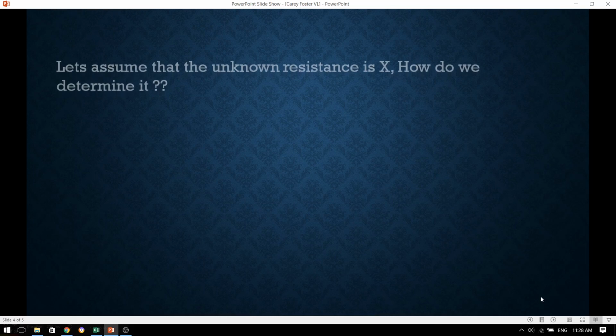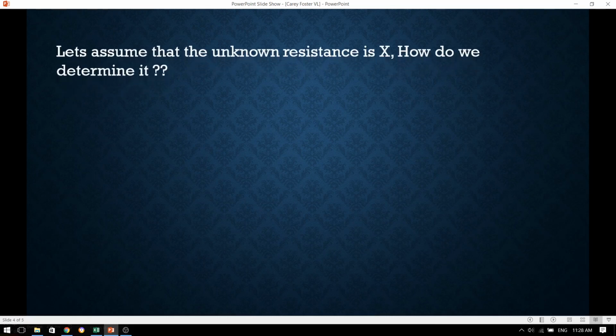Moving forward, let us assume that the unknown resistance is X. Then how can we determine it? Look at the formula once again. P by Q is at our will because we can design the circuit in such a manner that P and Q are equal. We can experimentally determine the value of L1 by moving the position of the jockey and getting a null position.